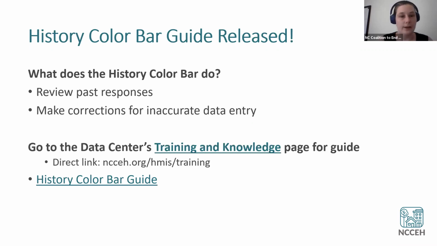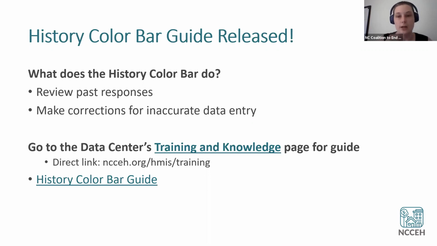We do have the guide up and posted on our training and knowledge page. That direct website is ncceh.org/HMIS/training. In the guide, it shows you some of what we've talked about in bits and pieces, but it really goes over how to find the history color bar, when to use it, what to use it for, and how you can make corrections based off of it.